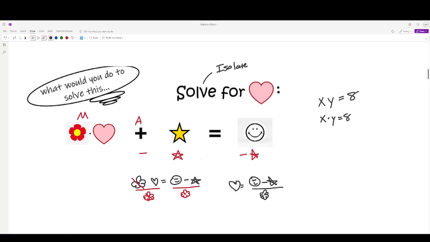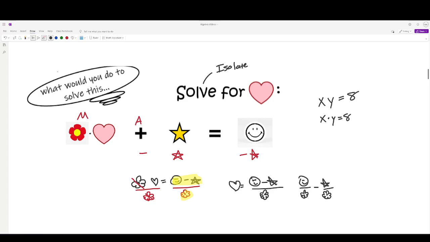This is another spot where I want to bring up something called equivalent expressions, because it's so important to understand. Here I divided everything by the flower. I divided this entire thing by the flower altogether, but I could also have written it as smiley face over flower minus star over flower, and it means the exact same thing.